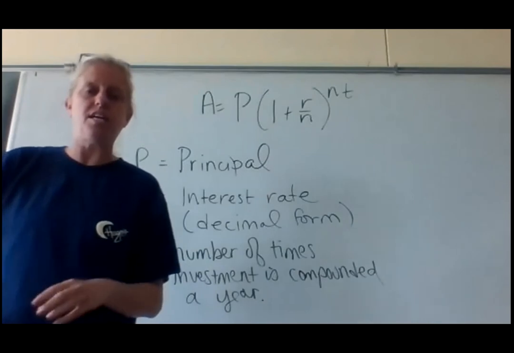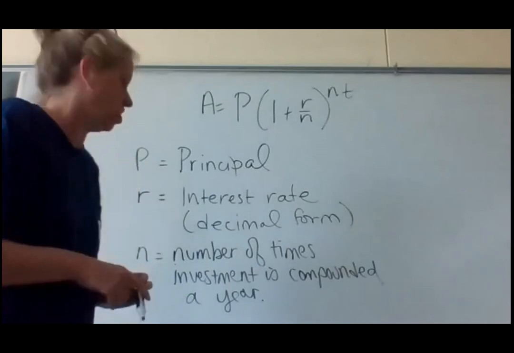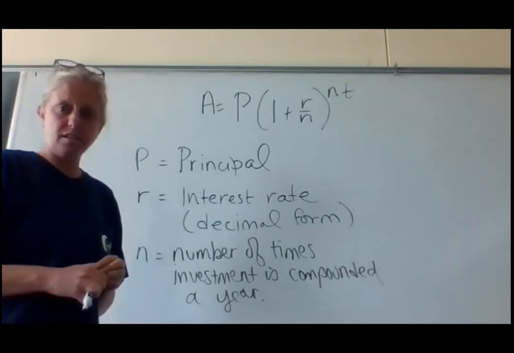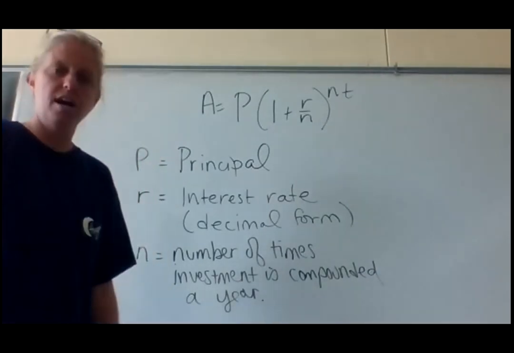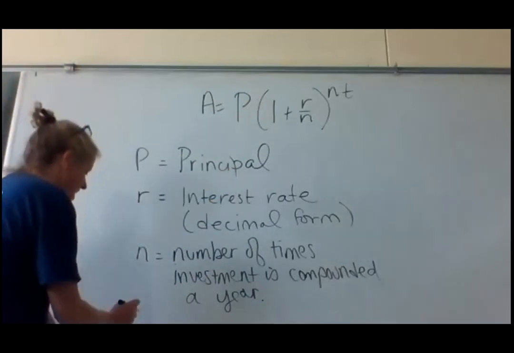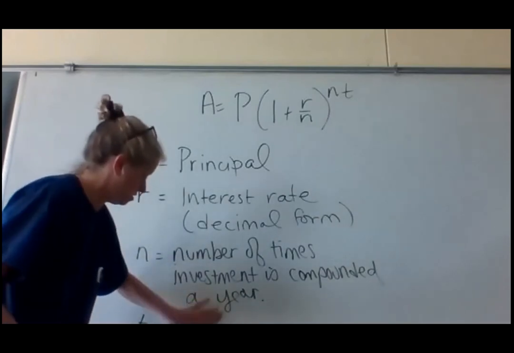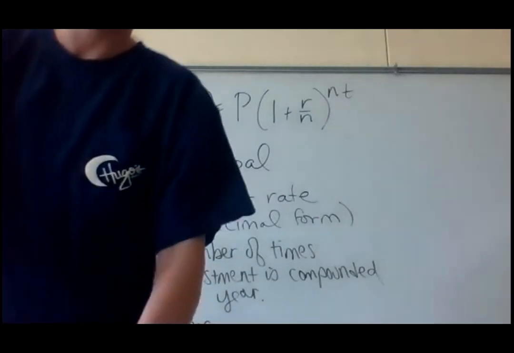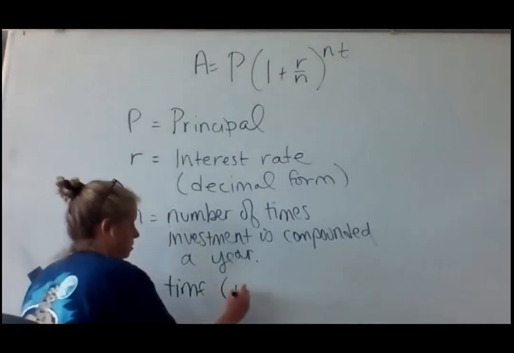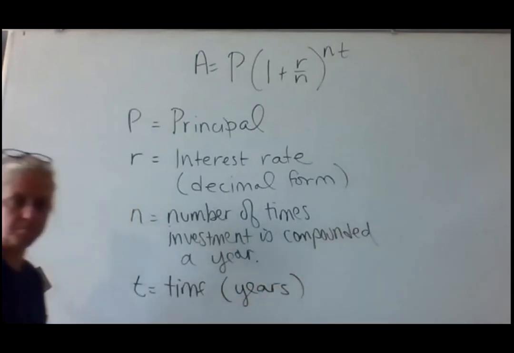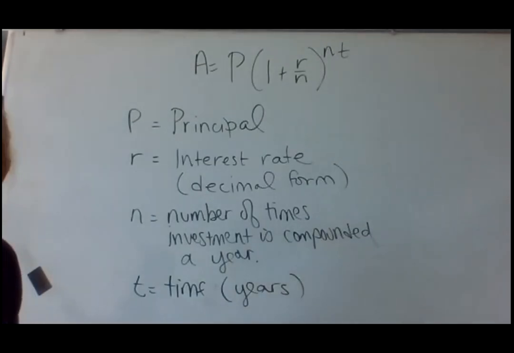If it says it's compounded biannually, bi means twice, right? It'd be compounded twice a year. If it's compounded quarterly, how many quarters are in a year? 4. Then your N would be 4. So that's going to be that number. The T is the time, the years. Okay, so let's get all that written down and then let's look at number 10.